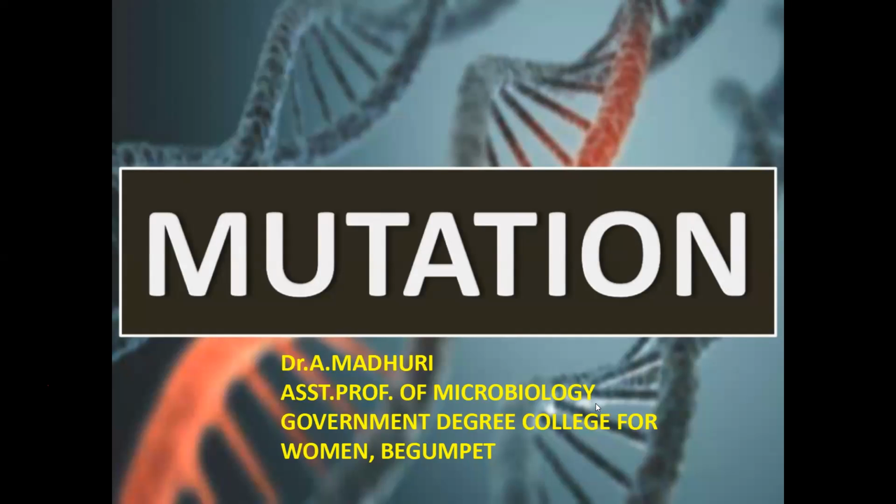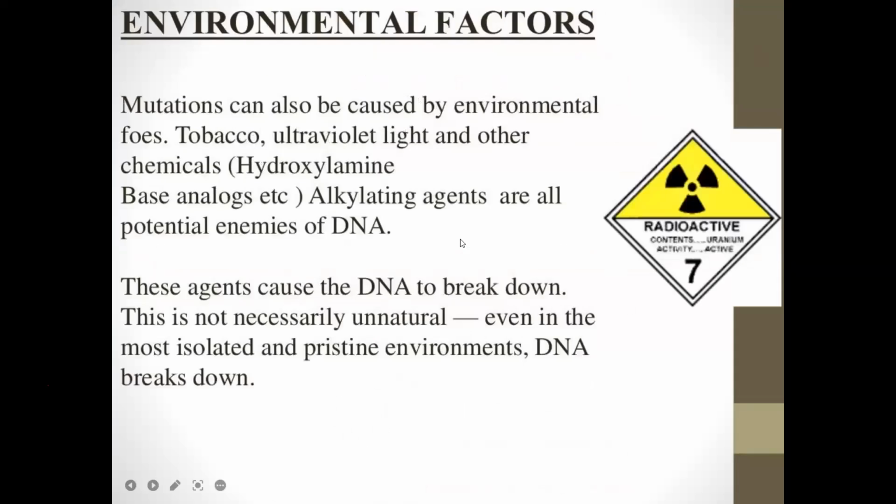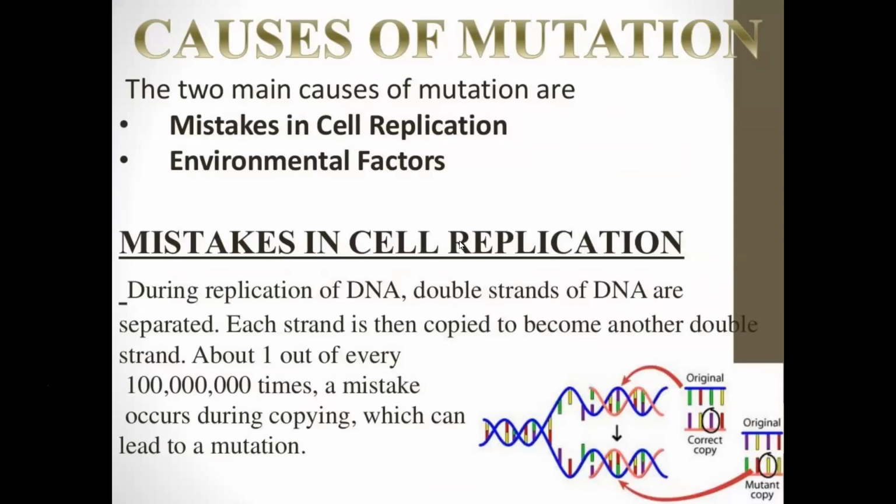Mutation means, what is mutation? It is a sudden change in the gene sequence which can be heritable to the next generation. It is a permanent alteration of the sequence. So what is the cause? Why are mutations occurring?